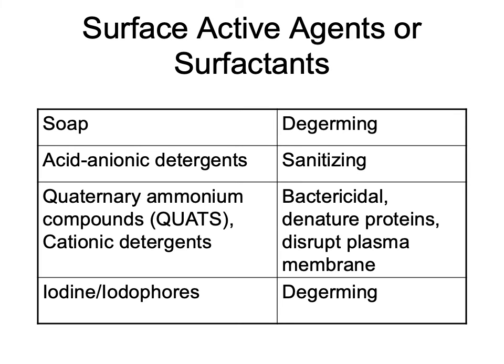Acid anionic detergents are for sanitizing. It's something that you would use in your dishwasher. We have quats, which we are going to talk about on the next slide. They're bactericidal. They denature the proteins. They can disrupt the plasma membranes. And iodine can be used for degerming.